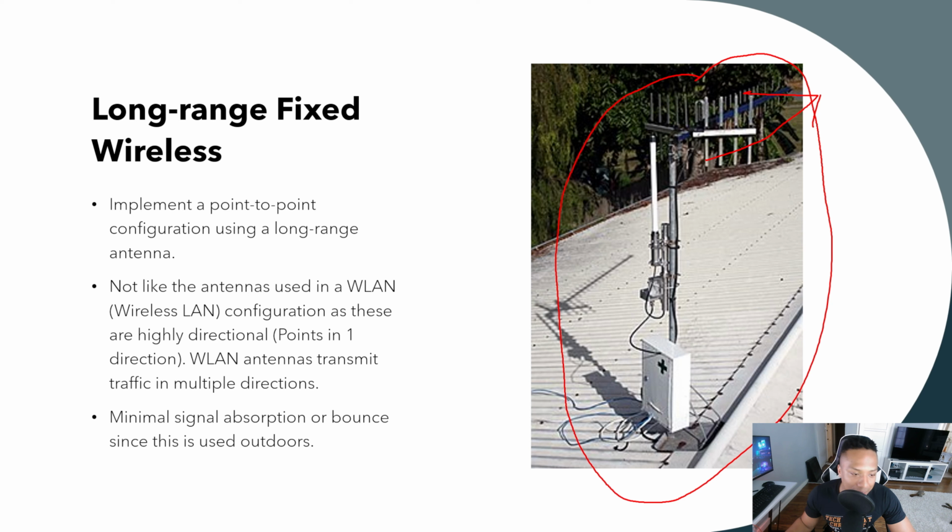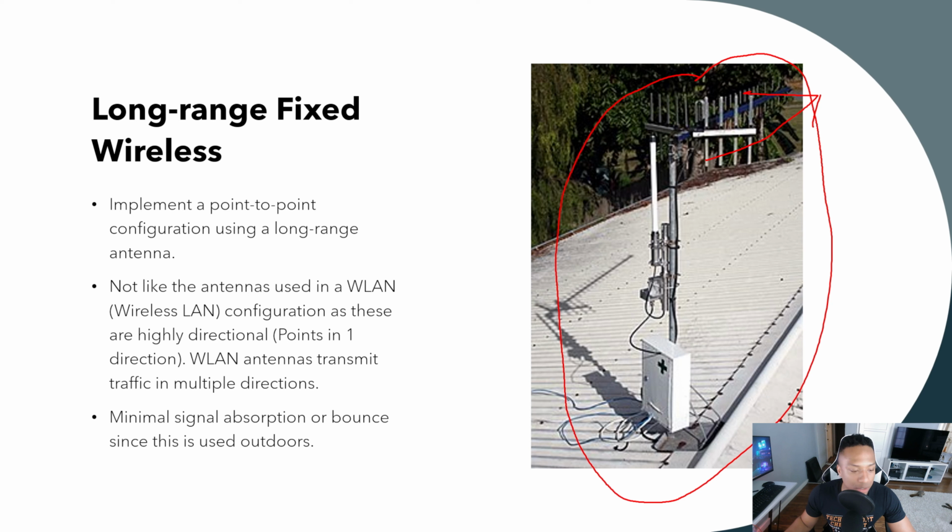So this is not like antennas used in wireless LAN configurations, stuff we have at home, stuff we use in businesses to give us Wi-Fi access. WLANs transmit data in multiple directions. This, on the other hand, transfers data in one direction. Highly directional, point-to-point.